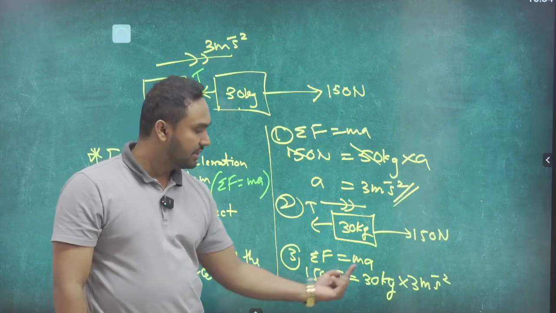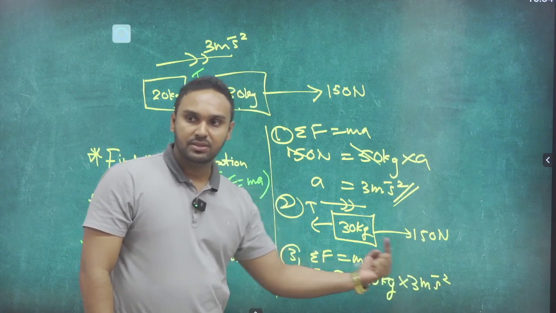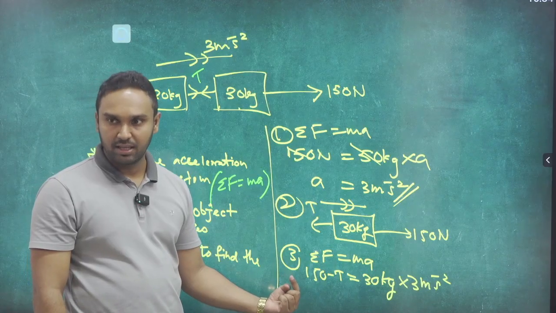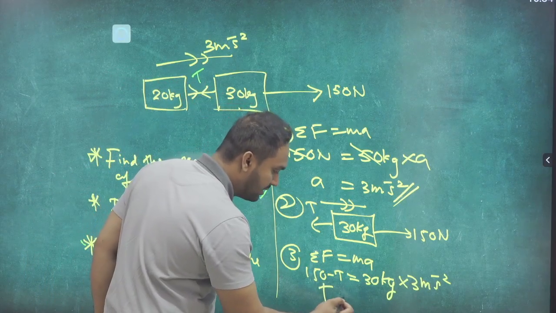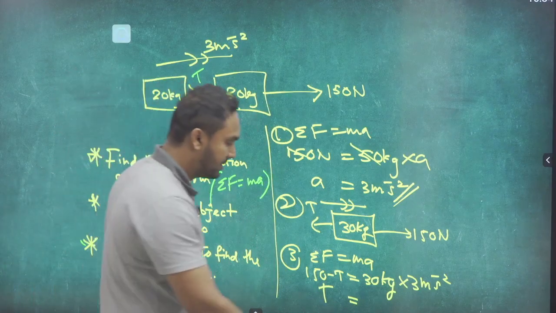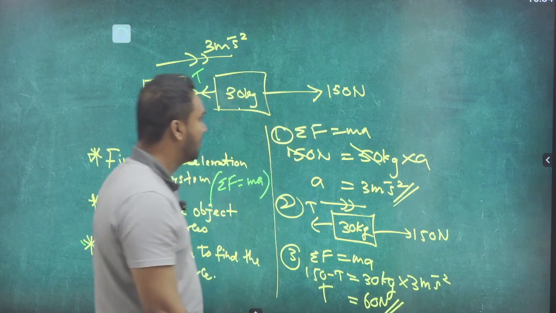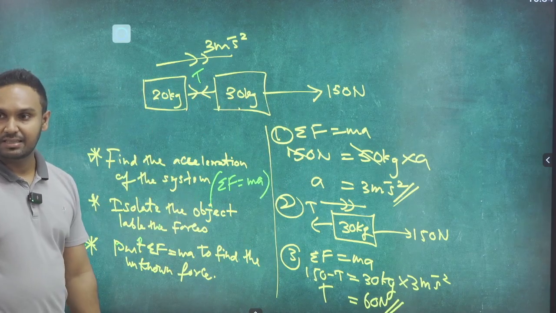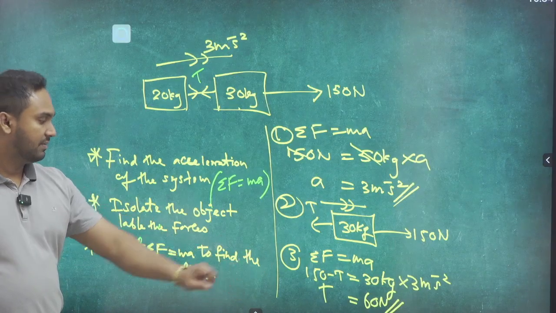And you take minus T to the other side, that becomes plus T. So you take the 90 this way, that becomes minus 90. So 150 minus 90 equals T, right? 150 minus 90 is what? 60 newtons. Now what is the tension of the rope now? 60 newtons, right? So this is one way.